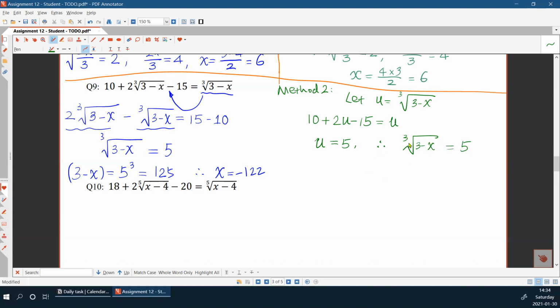When you have something's cube root is 5, that means your thing inside of the radical sign is actually 5 raised to the third power, which is 125, right? So again, here we have x is 3 minus 125, which is minus 122. Okay, any questions?